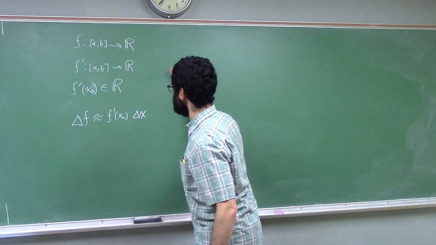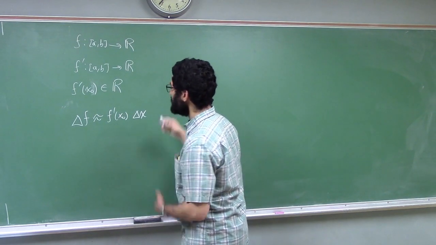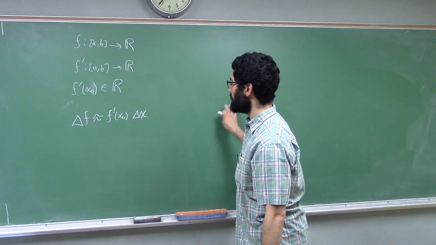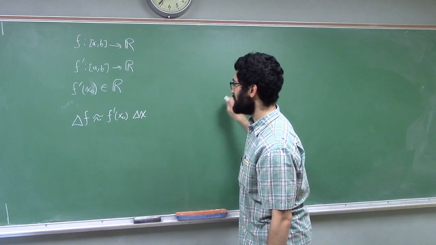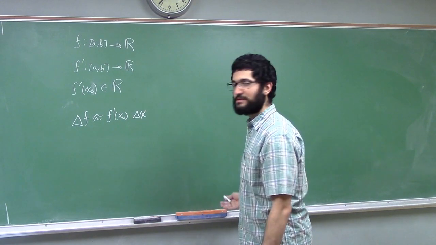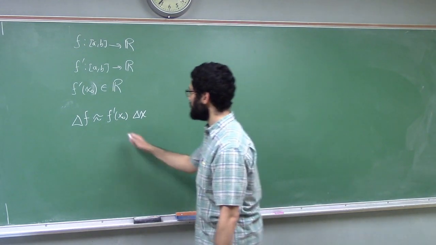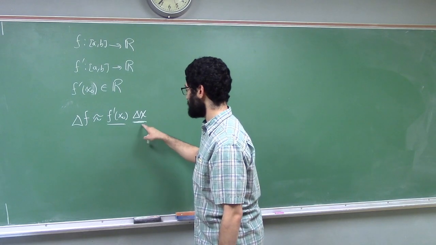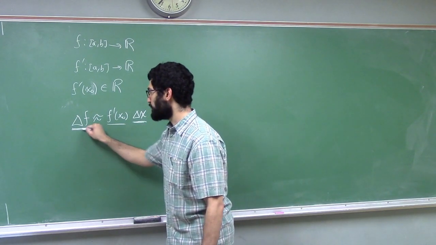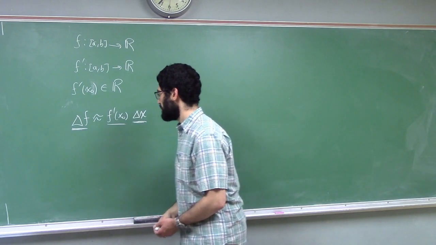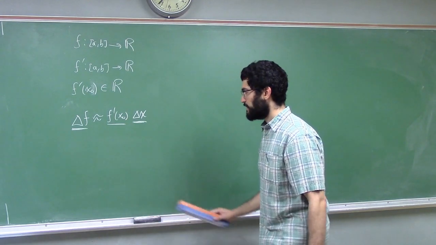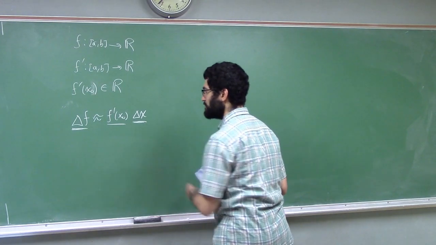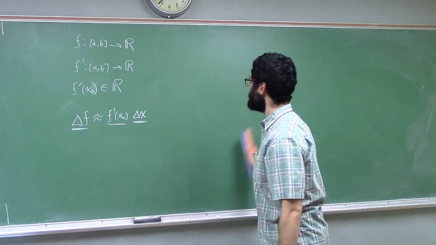This is just giving the idea, and I'm not really trying to put down a precise definition for the higher dimensional case. I just want to focus on the types of things that we get. So here, this is a real number. It's being multiplied by a real number, that's x minus x naught. And here we have a real number, fx minus fx naught. And the wiggly equals means there's really some limit business going on, and I'm just not writing it down.